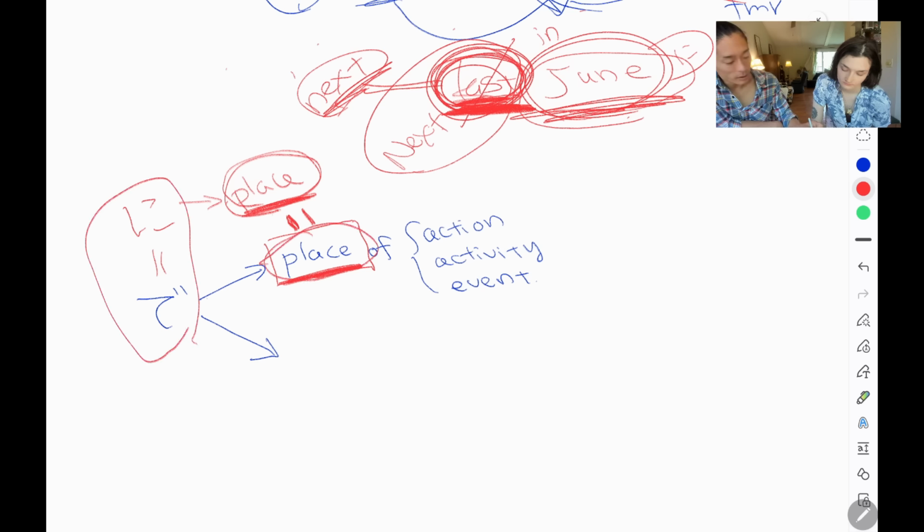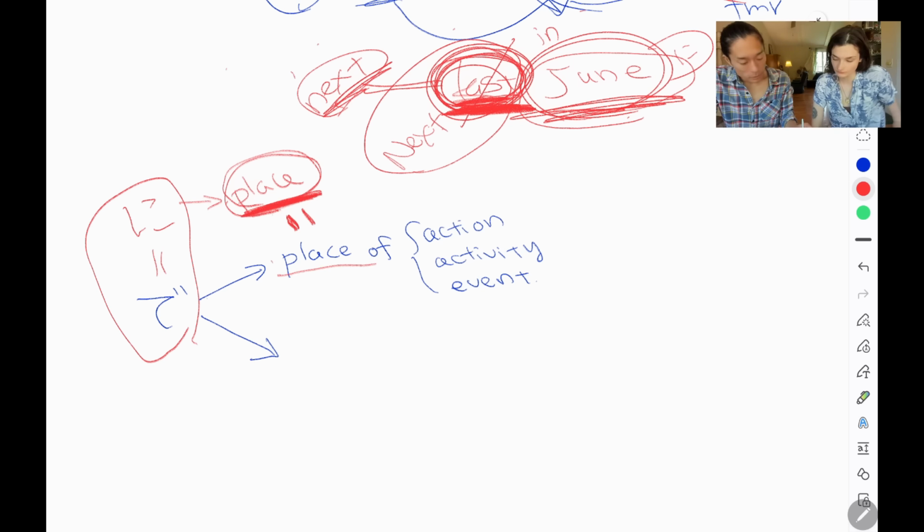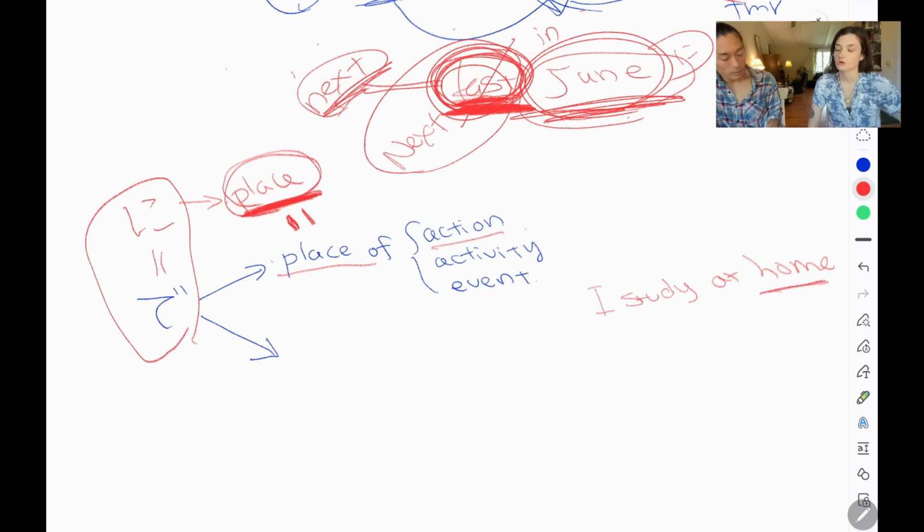Many people make mistakes. Place of action. Example, I study at home. Home is the place. Library or home, that's the place you study, right? So you have to do something at the place.